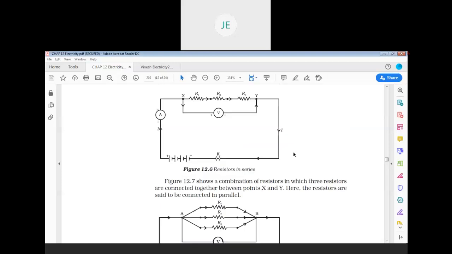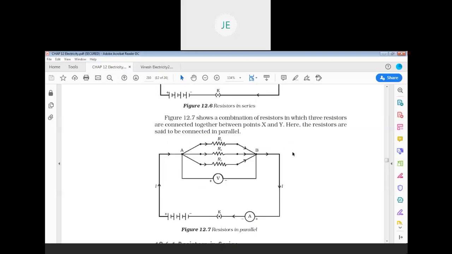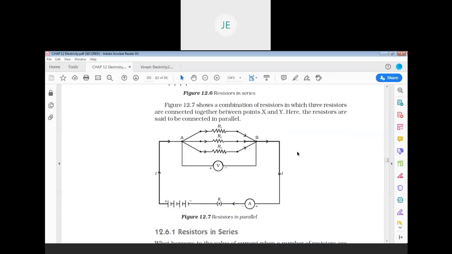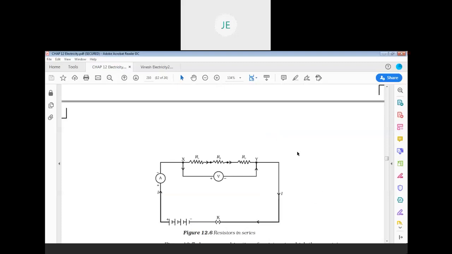By seeing the resistor connection, you may not understand whether they are connected in series or parallel, but some quantities will change. If the resistors are in series, then current is constant through each resistance, but voltage is divided.